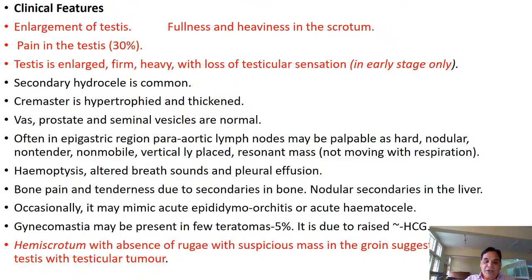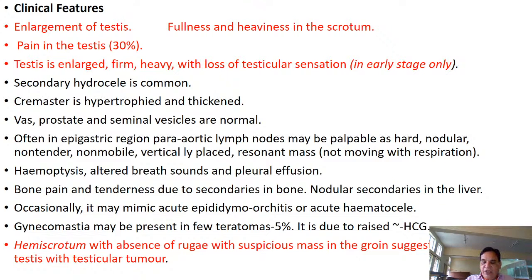In few patients with teratoma, the patient may have gynecomastia. So gynecomastia can be seen in cases of teratoma, not in seminoma, because it is due to raised HCG hormone. Diagnostic for carcinoma of testis is a hemiscrotum with absence of rugae with a suspicious mass in the groin, suggesting undescended testis with a testicular tumor.